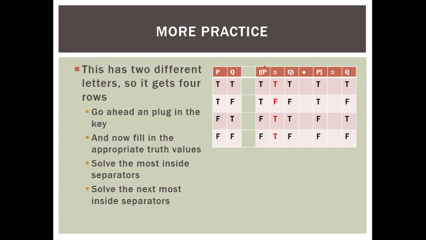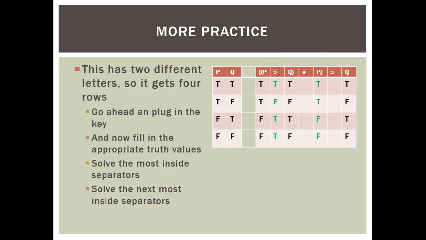Then you're going to solve the next most inside separators. We used the P and the Q in the very beginning to solve the horseshoe. Now we're going to use the horseshoe and the P to solve the dot. So the horseshoe of the P horseshoe Q and then the P that's on the right side of the dot is going to solve that dot.